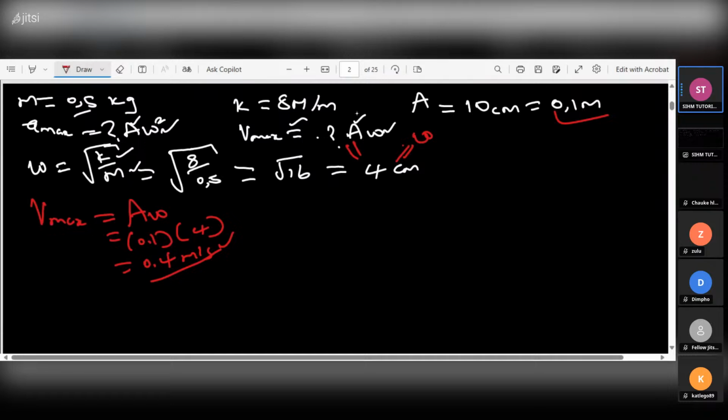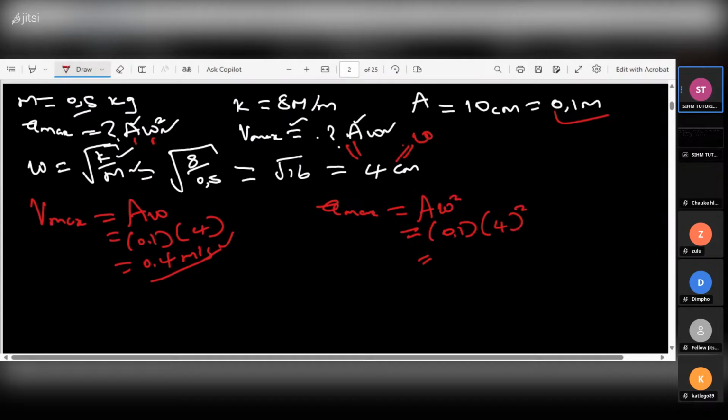We have also been told that we should get the maximum acceleration. For the maximum acceleration, we take the amplitude times the angular velocity squared, which is 0.1 times 4 squared.